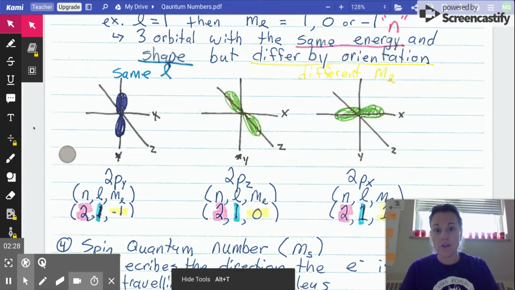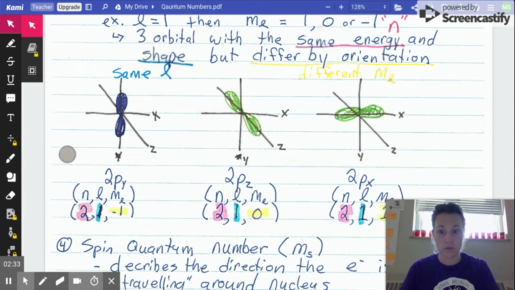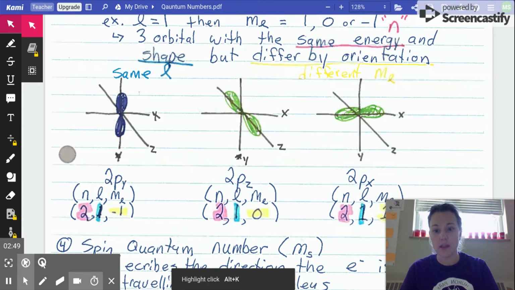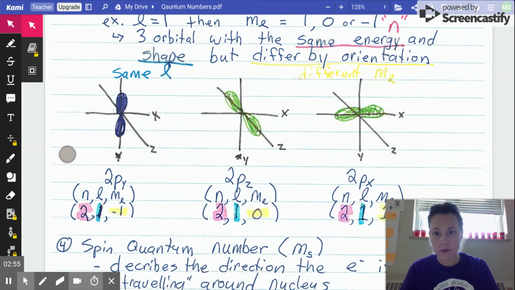So for example, we're going to pretend we're looking at energy level 2, shape 1, so L is 1, and we have a dumbbell. When ML is minus 1, then it is on the y-axis. We're still thinking about the nucleus being in the middle here, right where all the axes meet.